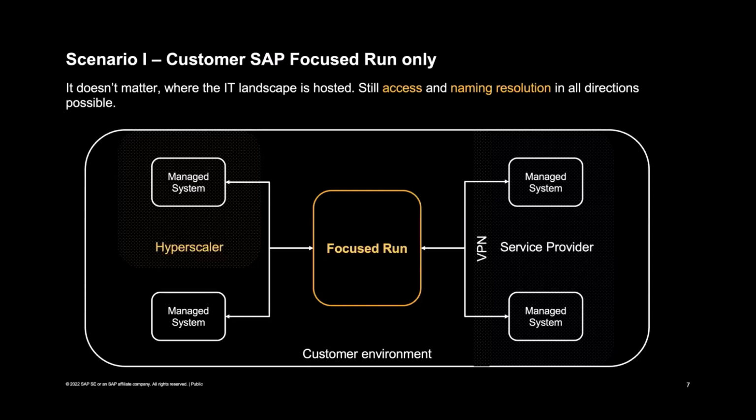So such a VPN communication is, in the cases we are aware of, already established, to ensure that the end users can access managed components which are operated by a service provider. So it's not a specific or an additional requirement which comes in just by operating the Focused Run system.